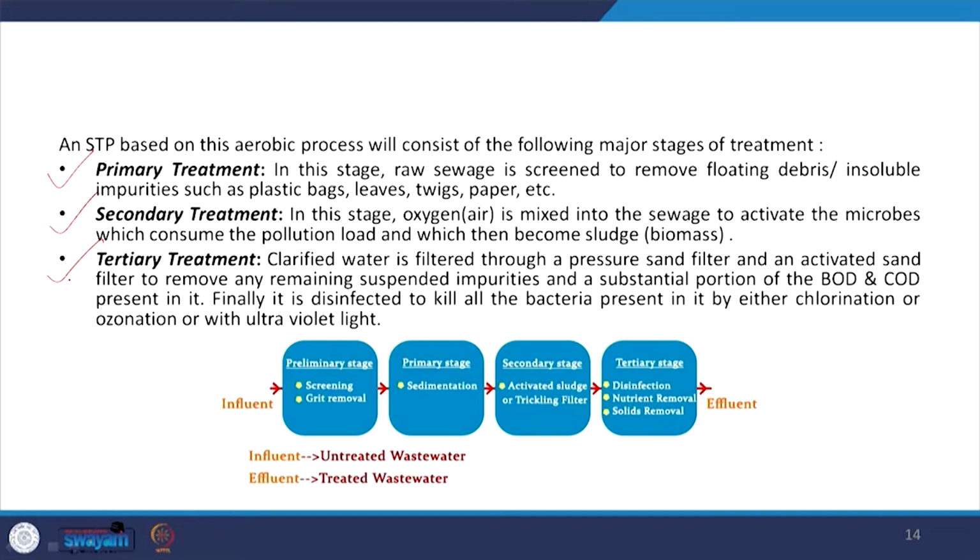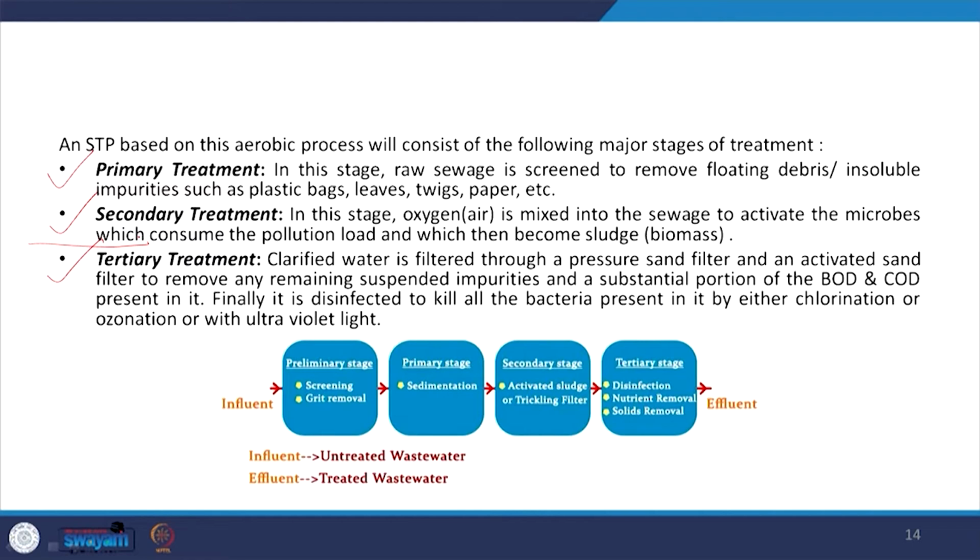So, there are different levels of treatments depending upon the purpose for which this treated water will be used. Different levels of treatments may be supplied. We may just stop at the secondary treatment level.